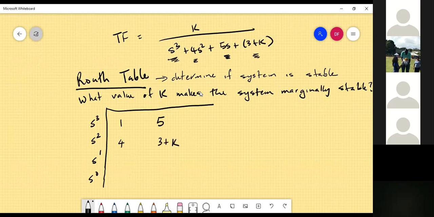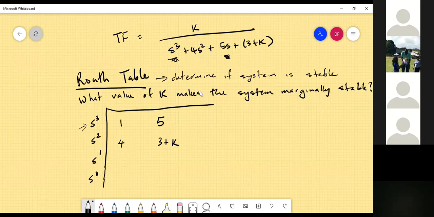So no matter what it is, we always write down every other term going down. In this case it is 1 and 5 for s cubed, and for s squared it is 4, and skipping over the next term, 3 plus k.